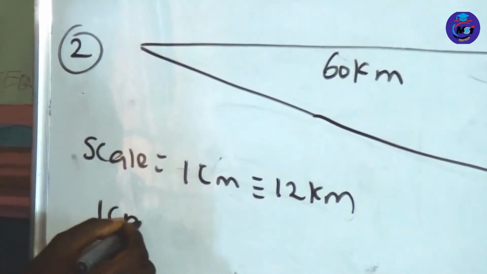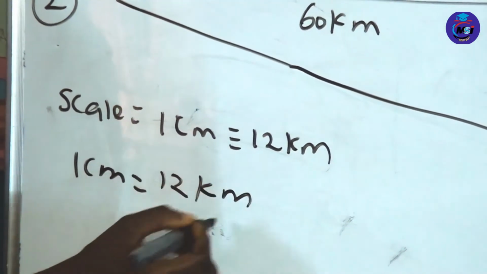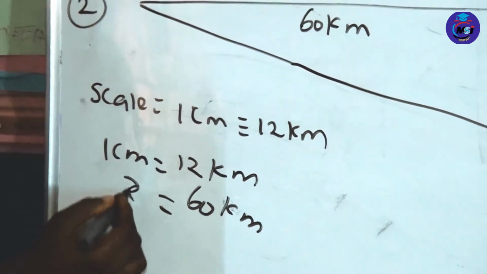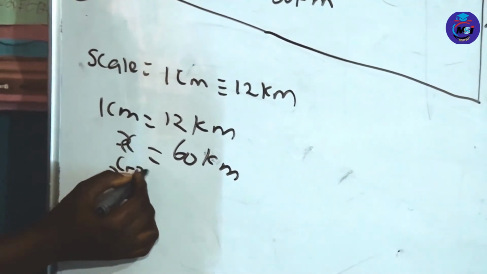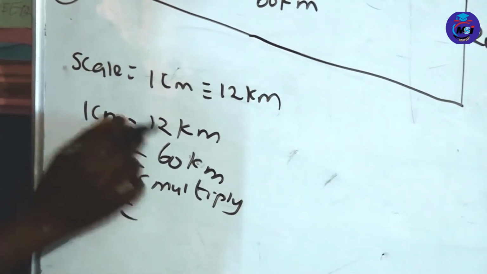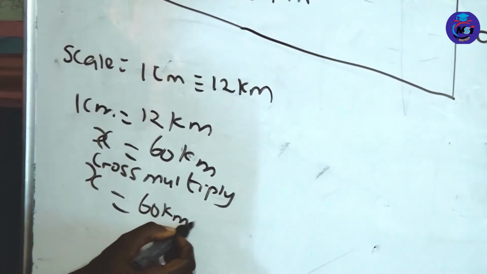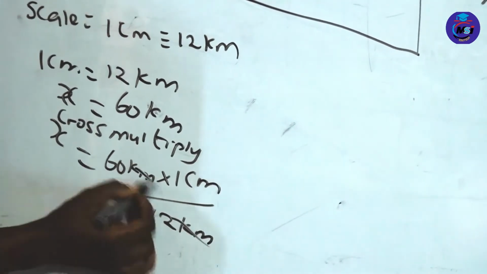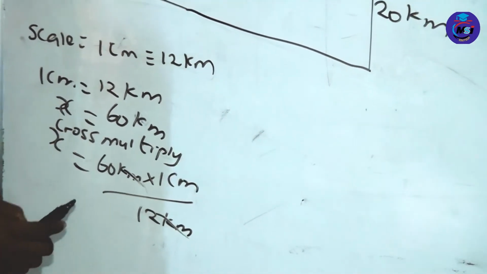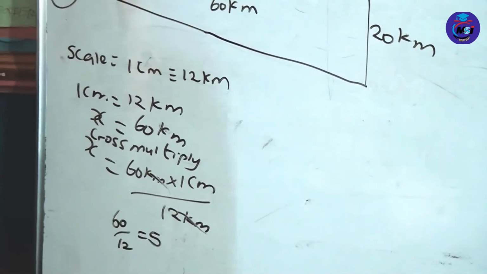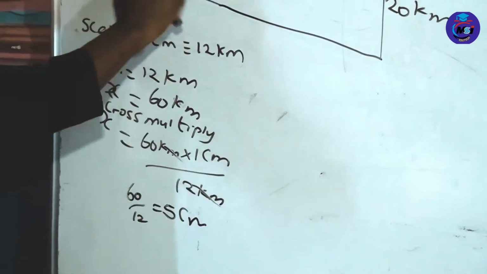Since 1 centimeter is 12 kilometers, what will be 60 kilometers? When we cross multiply, it will be 60 kilometers times 1 centimeter all over 12 kilometers. Kilometer crosses out kilometer, and we are left with centimeter. 60 divided by 12 is 5, so we'll have 5 centimeters for this.